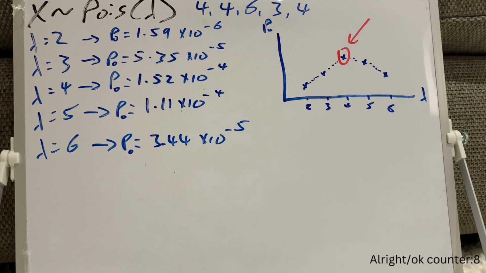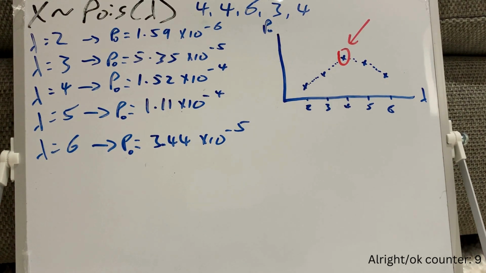With all the complicated calculations and differentiation that we have to do and taking logs, this is what we're doing: we're saying, let's just find the value that maximizes P. That is the maximum likelihood estimator.